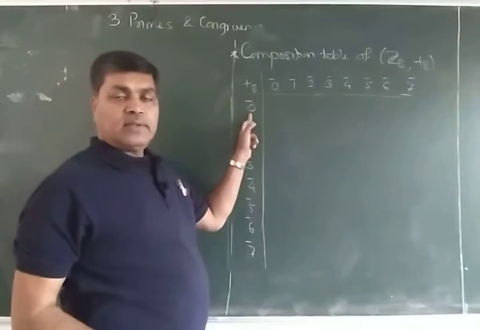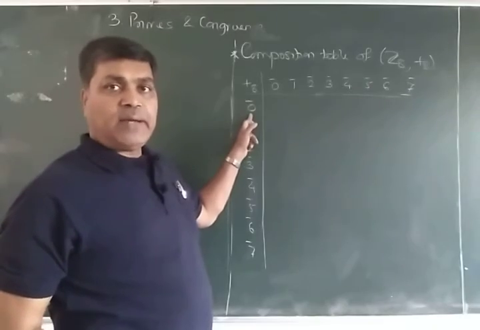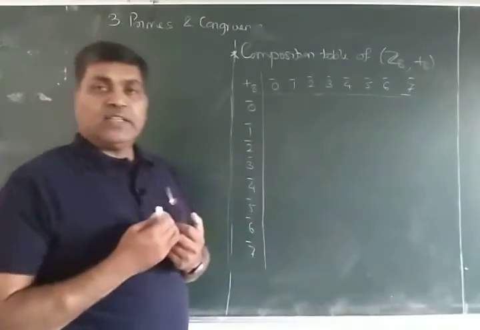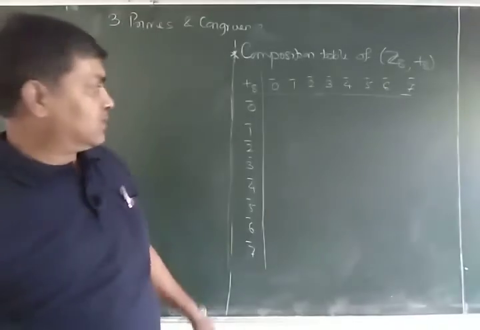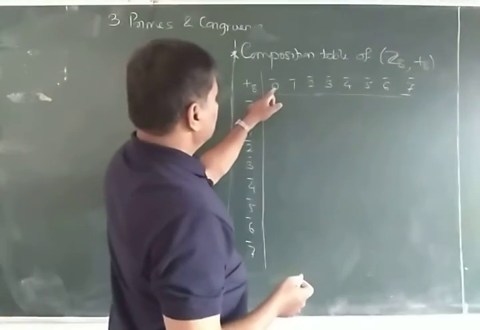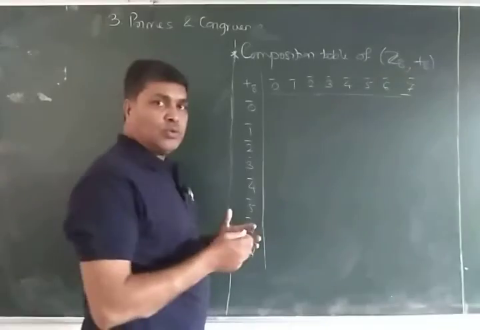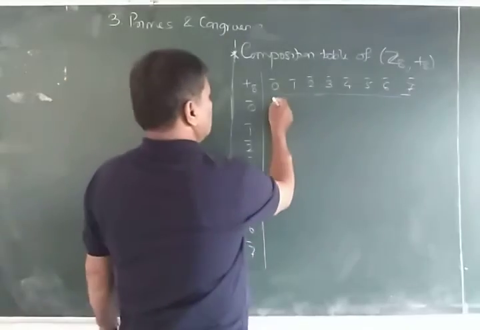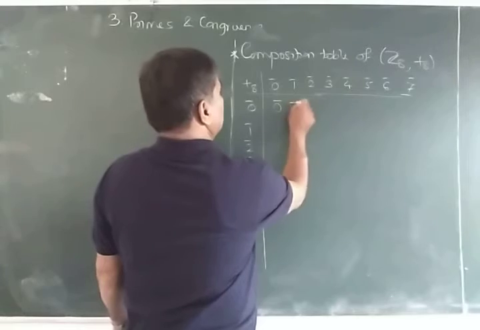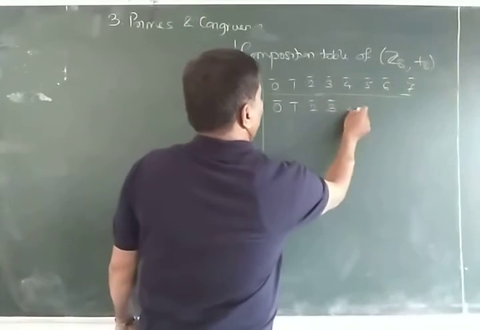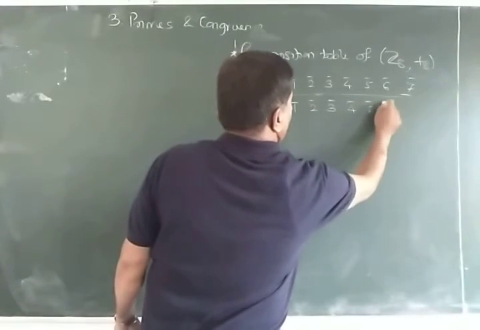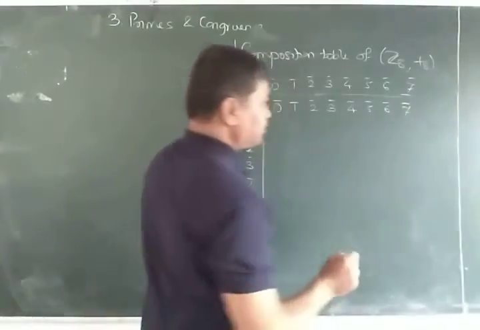We know that 0 bar is the additive identity. If I add 0 to any integer, it gives us that integer as it is. What is 0 bar plus 0 bar? It is 0 plus 0, its bar. So this is 0 bar. This row is 1 bar, 2 bar, 3 bar, 4 bar, 5 bar, 6 bar, 7 bar.